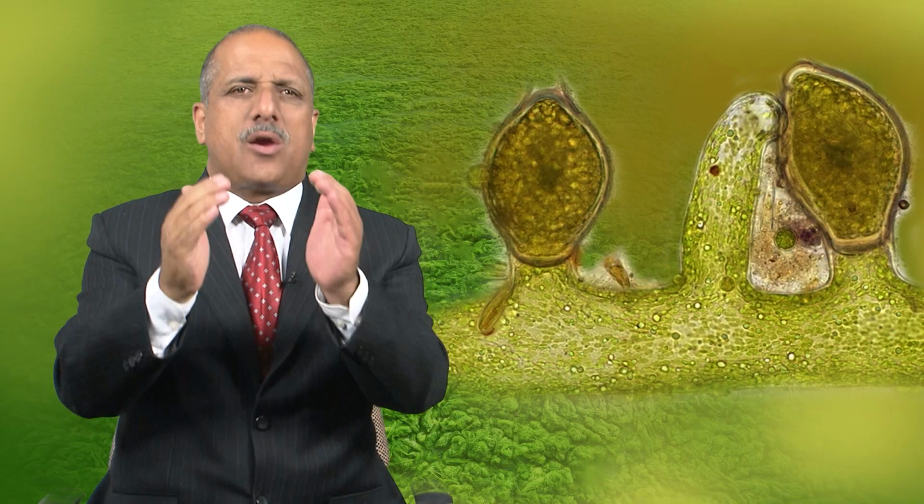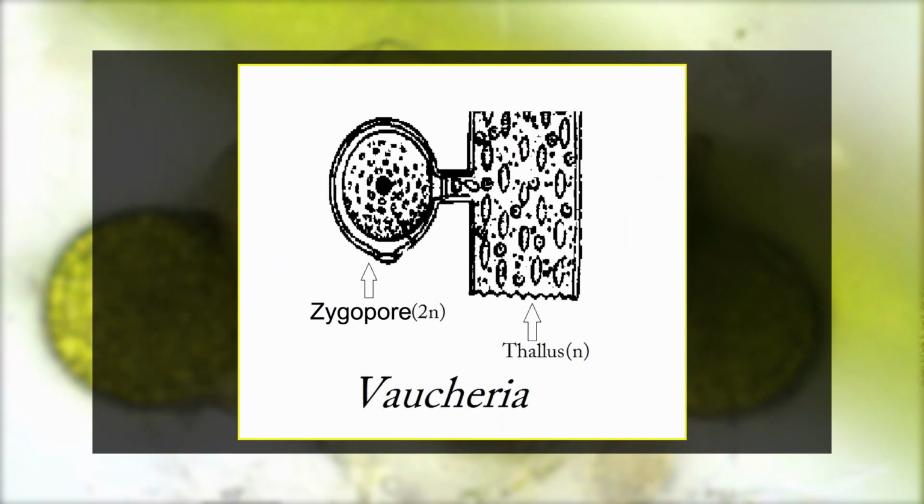After entering the egg, the male nucleus gradually increases in size and becomes nearly equal to the size of the egg nucleus. Then the two nuclei fuse to form a diploid zygote. The zygote secretes a 3 to 7 layer thick wall.